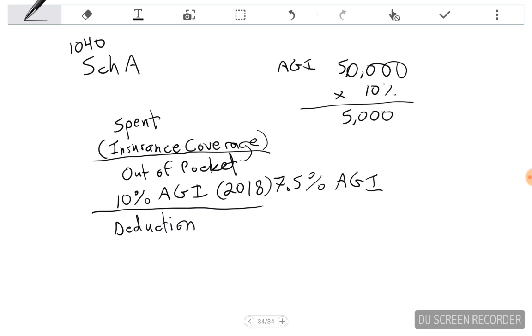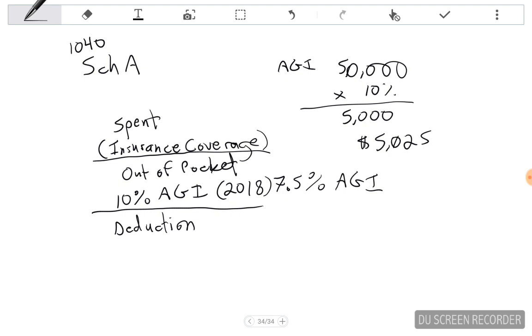We've got a floor of $5,000. That means anything you spend on medical up to $5,000 is in the trash. Okay, so it's only every dollar over $5,000 that you actually get a tax benefit. So if you had $5,025 in out-of-pocket medical that qualified, then you would get a $25 deduction because of your floor of $5,000.